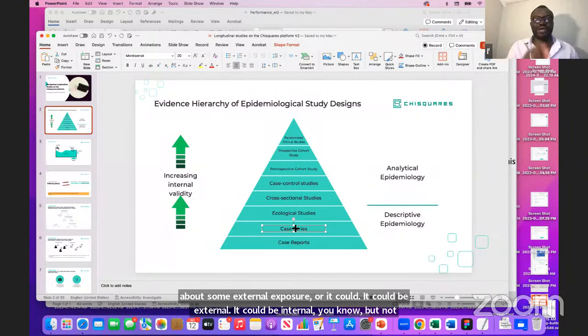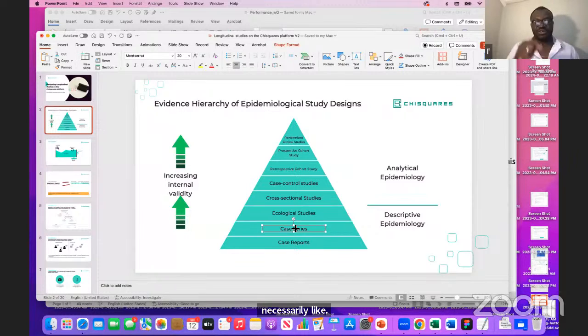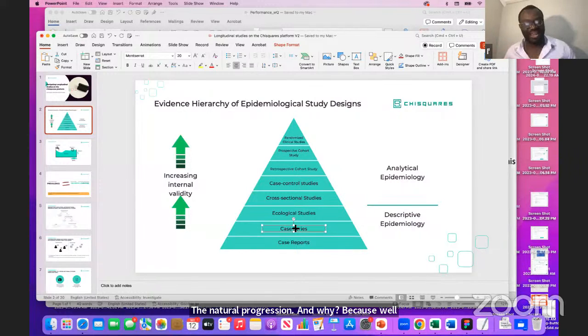So when we're interested in how the manifestation of a condition changes with time, what we're asking is, what is the natural history of this disease? Issues about age are deeply tied with the natural progression, because as people progress, they get older.